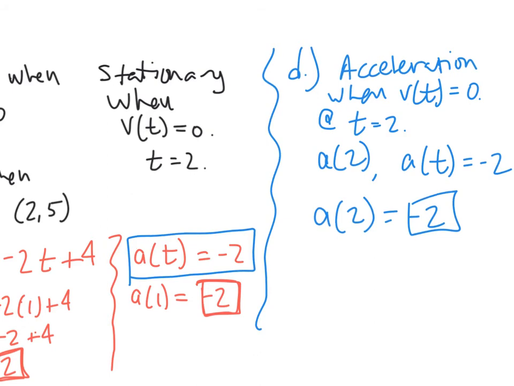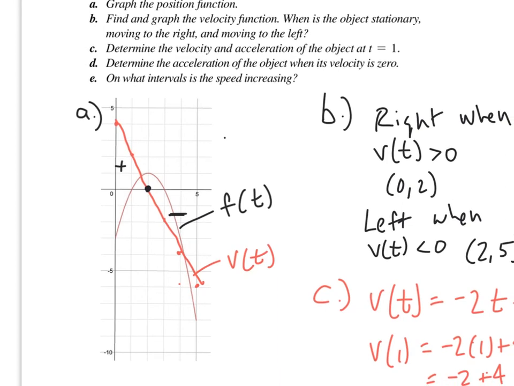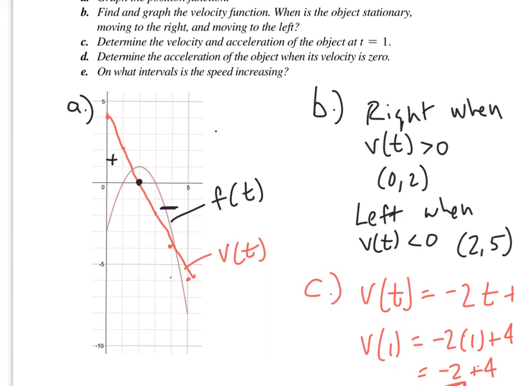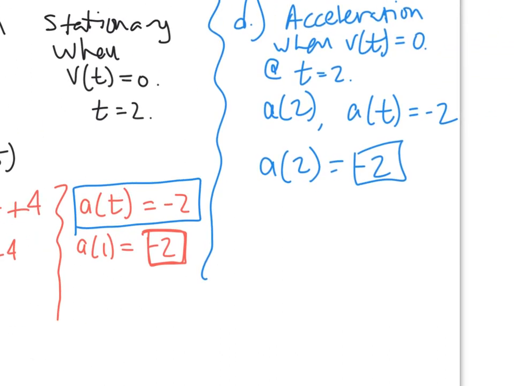Okay, all right, let's take a look at part E. Part E says, on what intervals is the speed increasing? I do want to talk about speed real quick before we do anything.